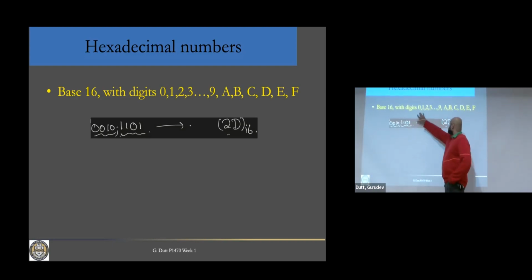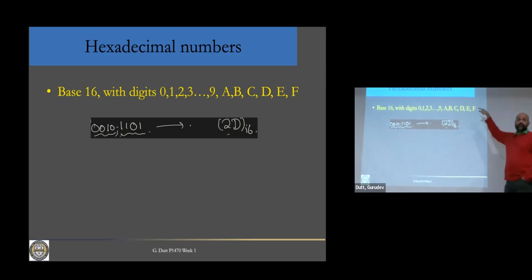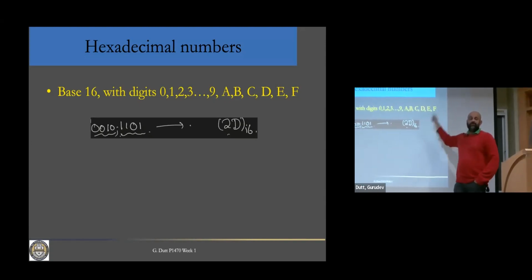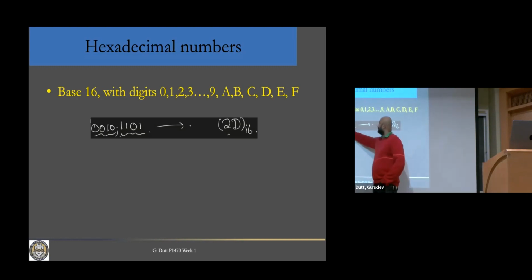Those 0 up to 15 are represented by 0, 1, 2, 3 up to 9, which are the usual decimal numbers, and then A, B, C, D, E, F, which represent the numbers 10, 11, 12, 13, 14, 15. If I take a number like 0, 0, 1, 0, 1, 1, 0, 1, I group them by 4s and convert each to a digit.